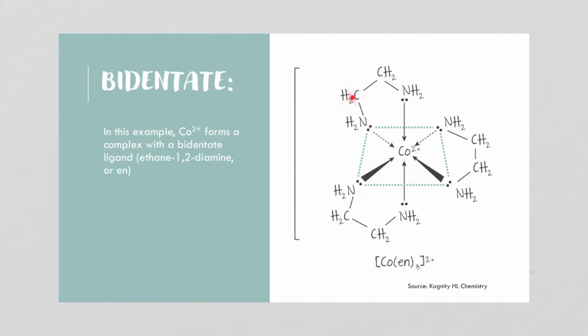There's ethane here, and 2 amino groups on either side, each sharing a pair of electrons, and there are 3 of them. So the notation would be Co in square brackets, En subscript 3, with 2+ as the charge. The overall thing still carries a 2+ charge.